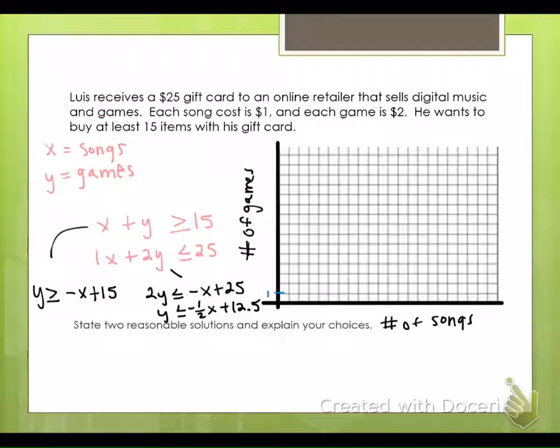So this is 1, 2, 3, 4, 5, and then I'm going to start not counting everything. 6, 7, 8, 9, 10, 11, 12, 13, 14, 15. I'm going to do the same thing down here. I'm just going to skip every other one so I don't have to write so many things.